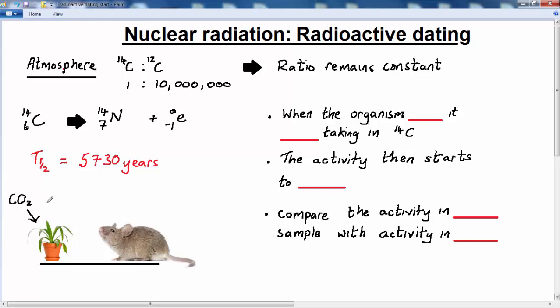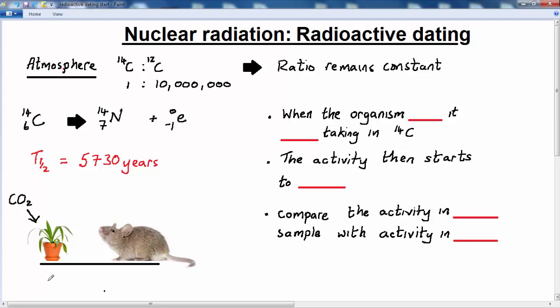That's to say the plant becomes radioactive. And we can say that the proportion of carbon-14 to carbon-12 in the plant remains the same as that in the atmosphere. That's to say 1 to 10 million. So that proportion will always be the same throughout the life of the plant. It will never change. It will always have this same ratio.